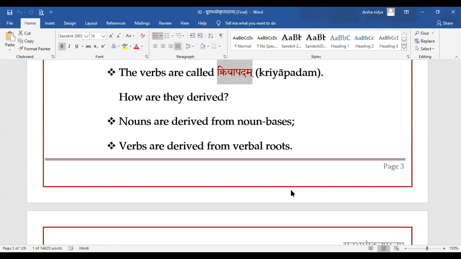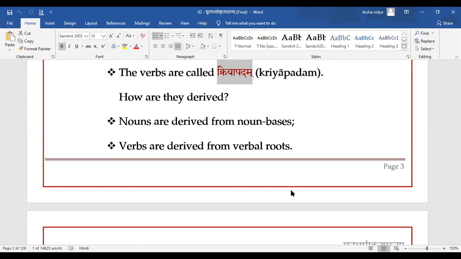In Saṃskṛtam, using the Saṃskṛta words, let us form the sentence. From a Shabda, Namapadam is derived. From a Dhatu, Kriyapadam is derived.